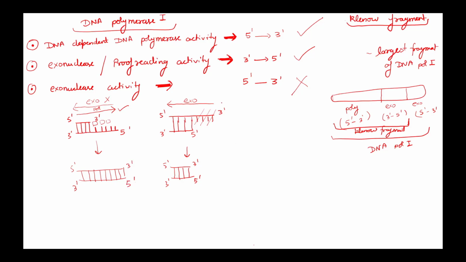So if a 3 prime overhang is present, it will chop it off via the exonuclease activity and give a blunt end DNA like this. And if a 5 prime overhang is present, the exonuclease activity will not work, but the polymerase activity can be performed, and by polymerizing it will make the double stranded blunt end DNA. So that can be done by the Klenow fragment of the DNA polymerase.